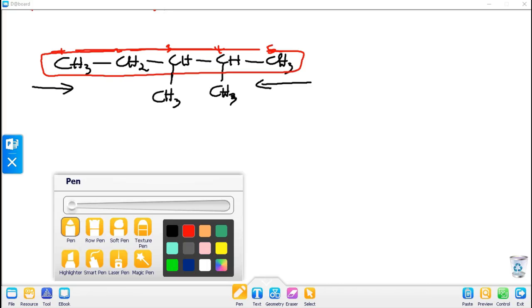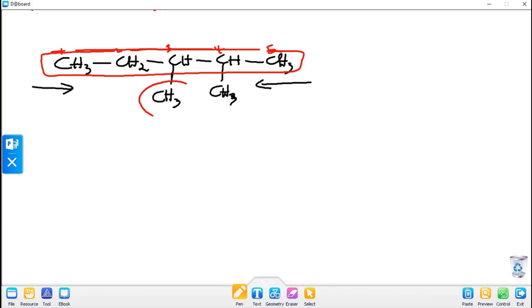So, if we choose to go from the left-hand side, this is CH3, and this is another CH3. So the first CH3 will fall under carbon 3, and the second CH3 falls under carbon 4. So it's going to be 3, 4.